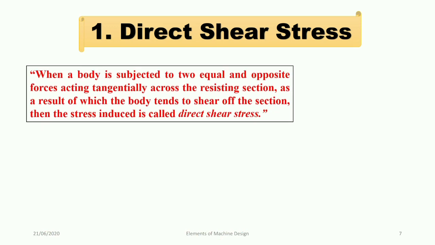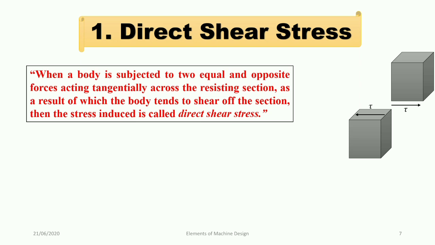What is direct shear stress? When a body is subjected to two equal and opposite forces acting tangentially across the resisting section, as a result of which the body tends to shear off the section, then the stress induced is called direct shear stress. See the diagram.